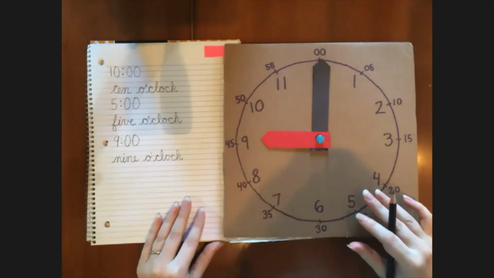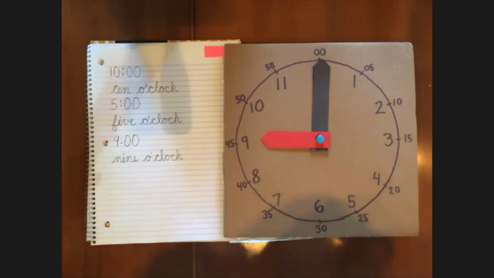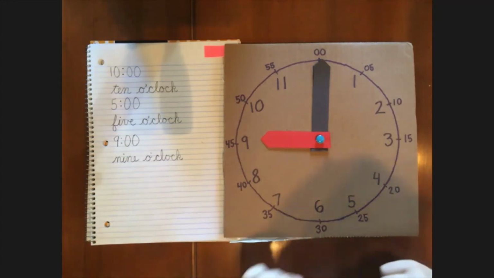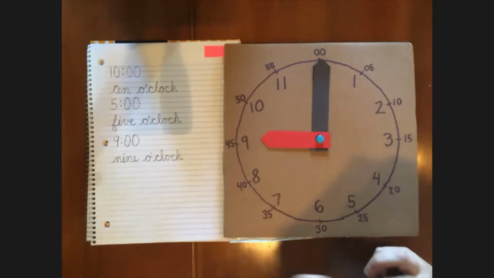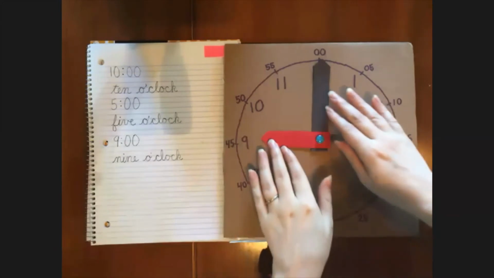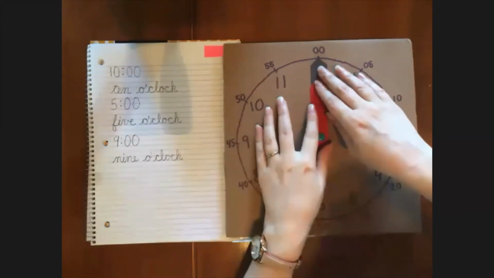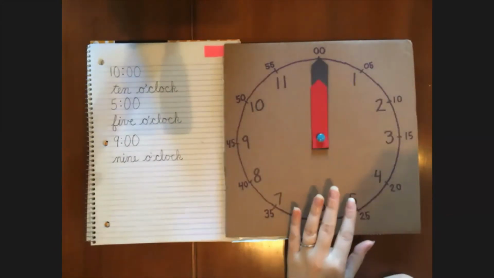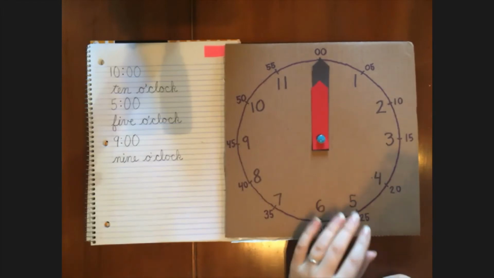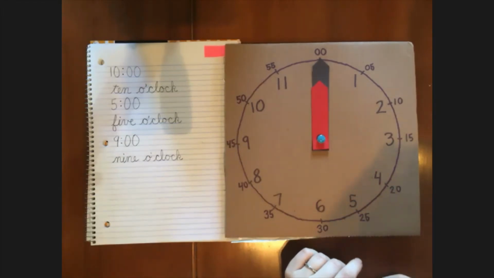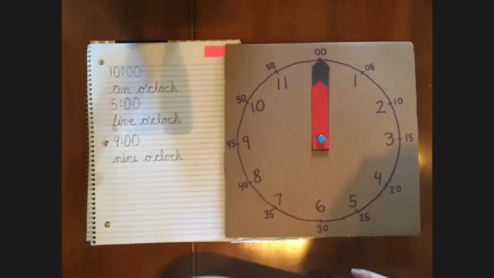Great. So next I want to show you something else that we can do with the clock. And you can continue making and writing different o'clocks as much as you want, like 5 o'clock, 2 o'clock, 10 o'clock, any of the o'clocks you want to make. But I want to show you something else that we can do with the clock.